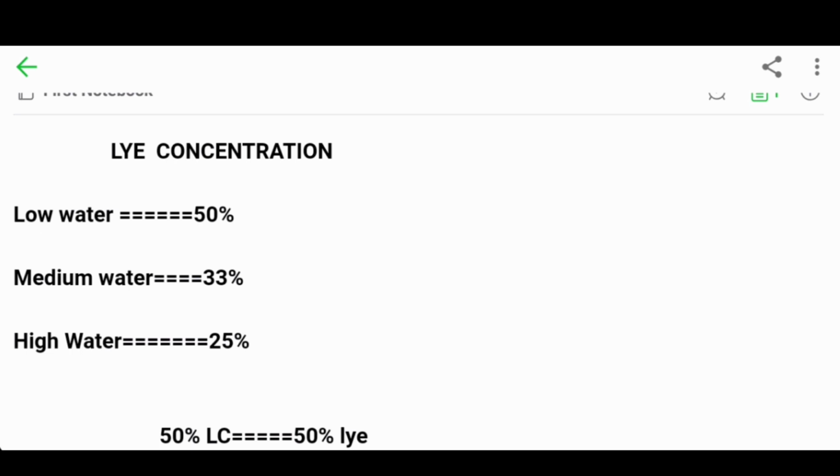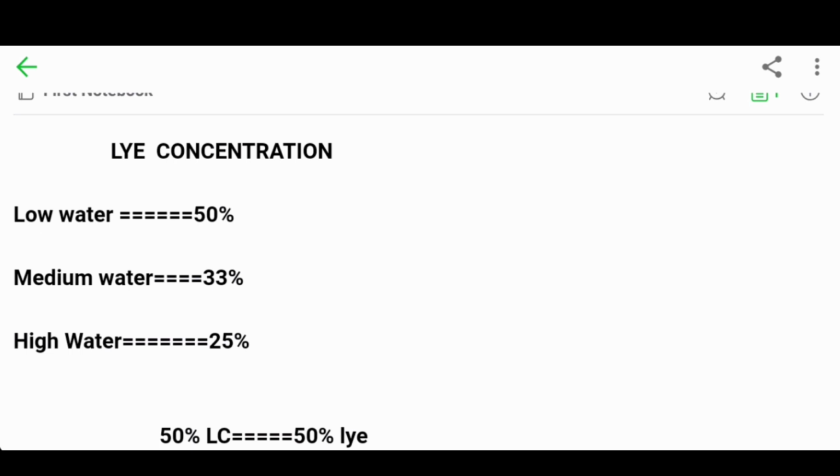I mean, if you're dissolving 50 grams of lye, as in caustic soda, you need at least an equal amount of water to dissolve it. That's 50% of lye, 50% of water. That's what it means. At least equal amount of water to the lye you want to dissolve.